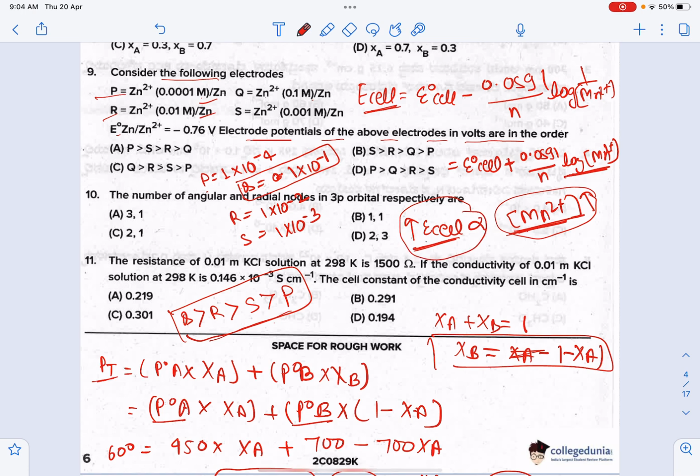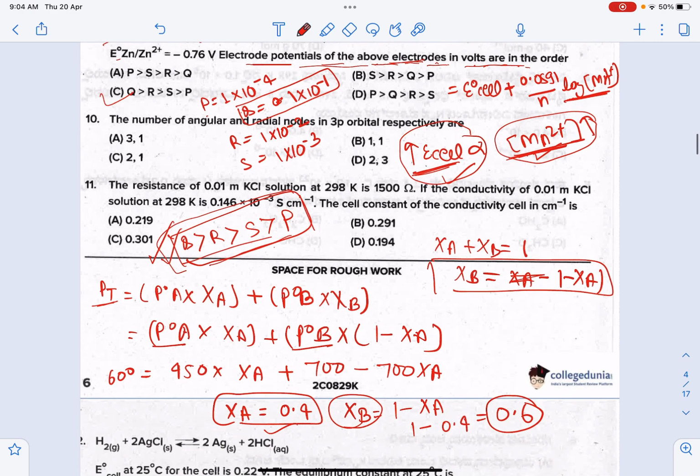The question asks for the electrode potential of the above electrodes in volts in order. Simply, if the concentration is high, E cell will also be high. So this will be the order of E cell also. So in these options our correct answer will be option C.